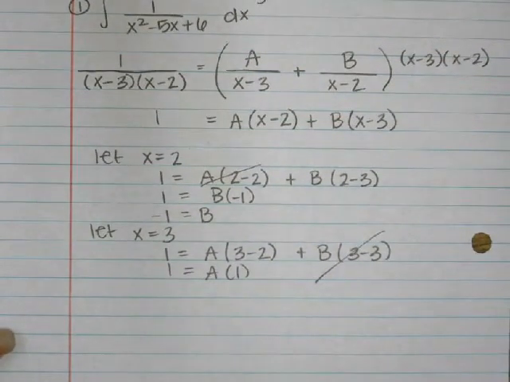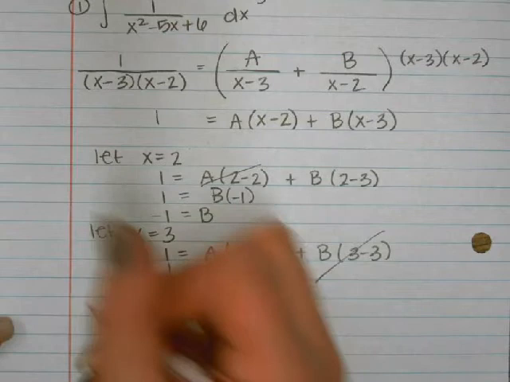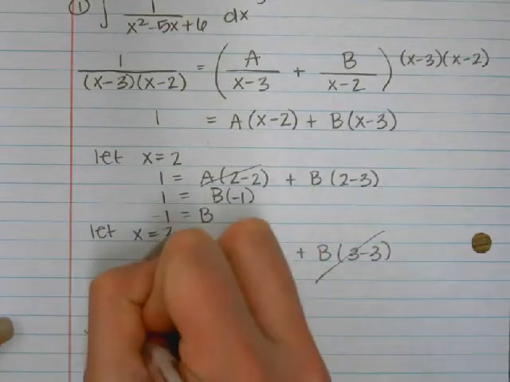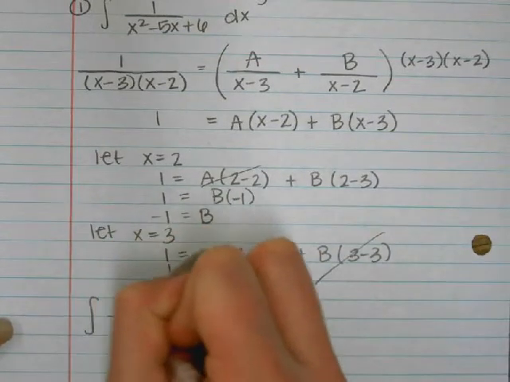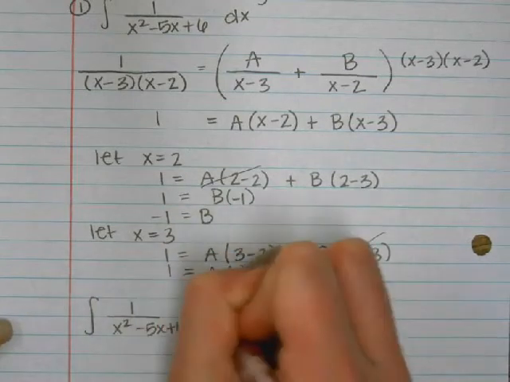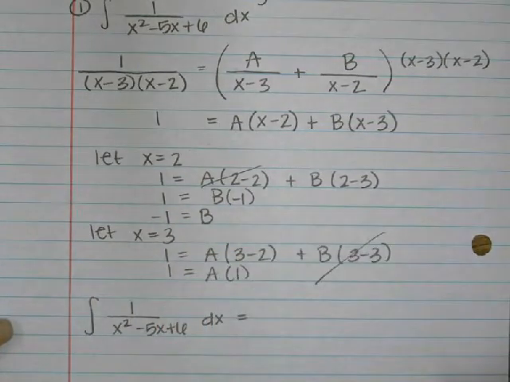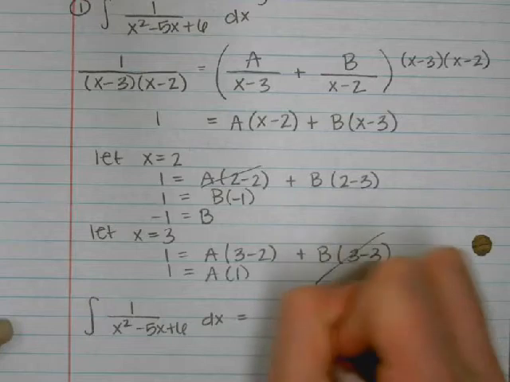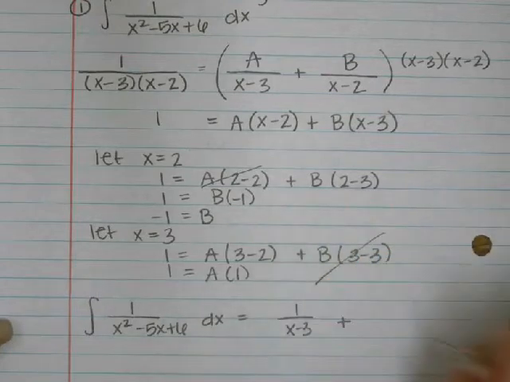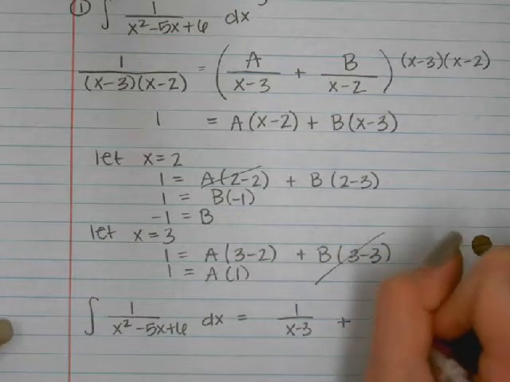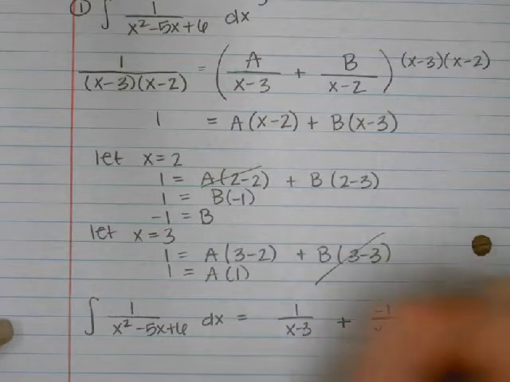So that means if I want to rewrite that original integration problem, that's actually going to be 1 over x minus 3 plus negative 1 over x minus 2.